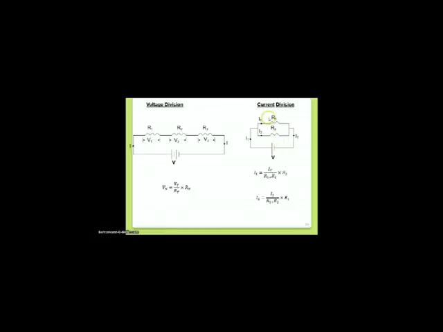So if you have more resistors connected in parallel, then we will have to do a small rearrangement or modification to the network so that finally it looks like only two of them connected in parallel, and then you can apply the current division rule.